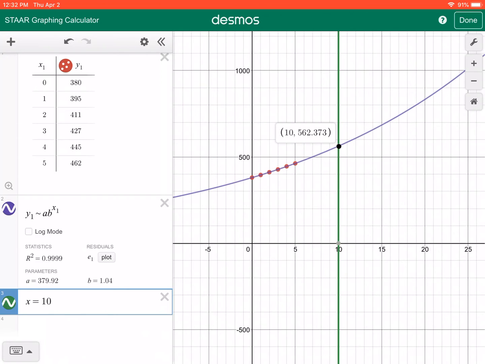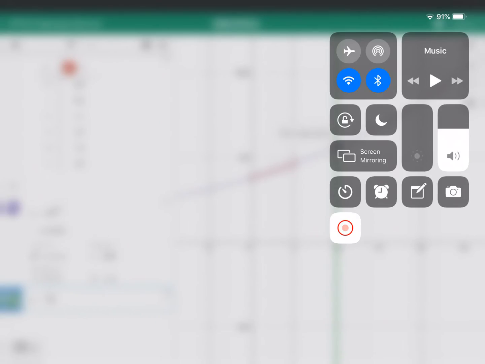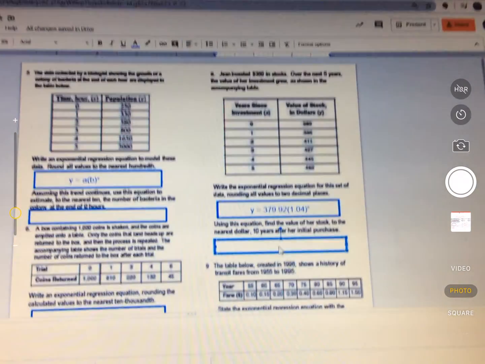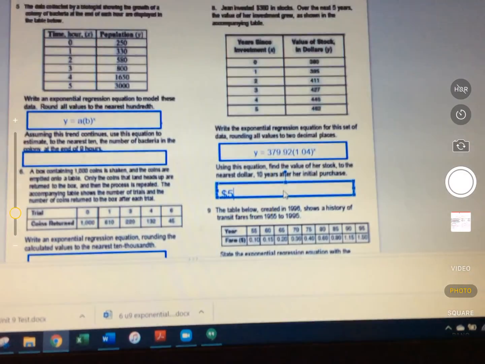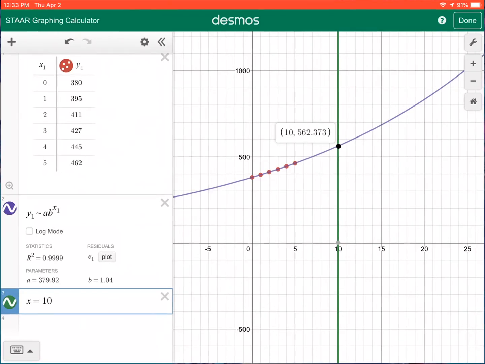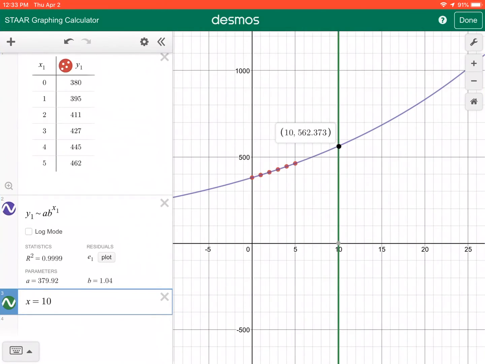So we're going to go up 2 decimal places, $562.37. So we're going to go back to our screen here, and on question number 8 we can type in, dollar signs come first, oh my goodness, I forgot, what was it, 562.37.